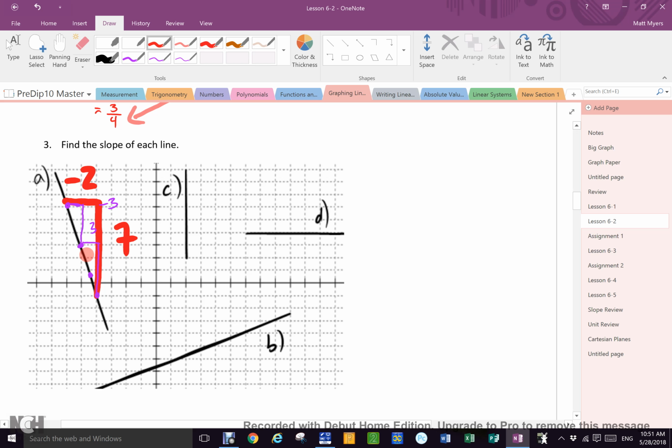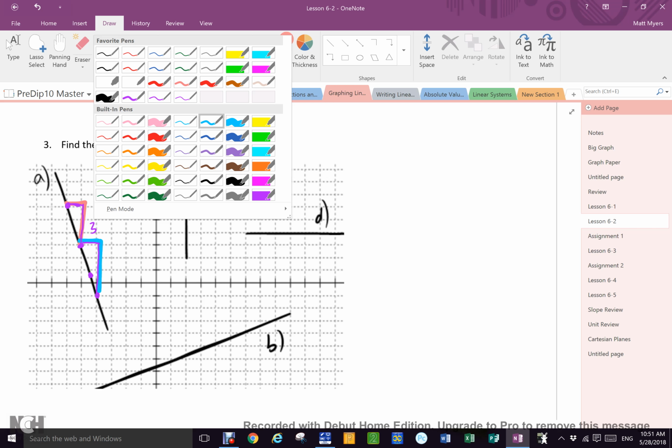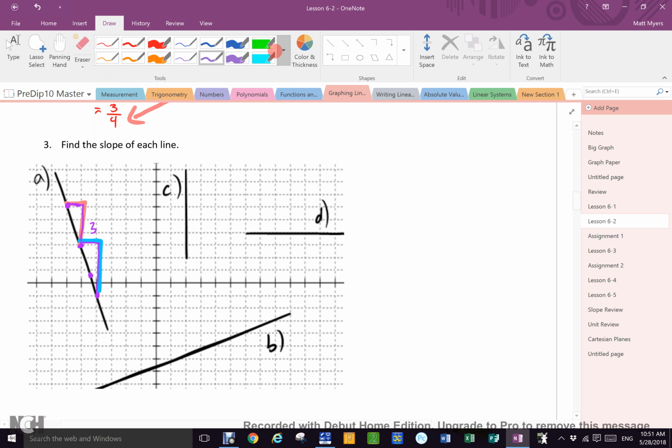Everybody understand? Now, let's pretend this was a test. And half the class showed me that and said the slope was 3. Right? The other half the class showed me that and said the slope was 4. One person in the whole class showed me that and told me it was 7 over 2.